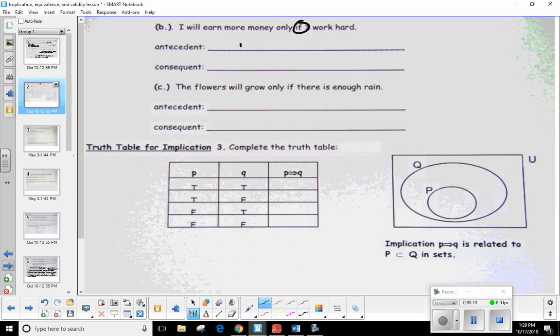So the antecedent will be I work hard. Consequent, I will earn more money. So it's very possible that you could still take the antecedent and the consequent and go ahead and switch them.